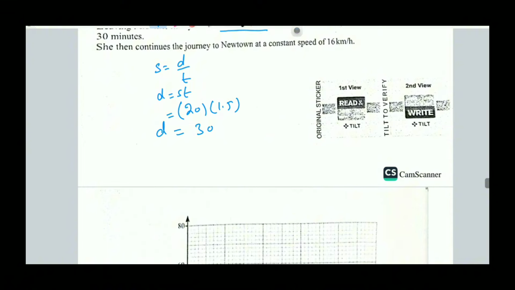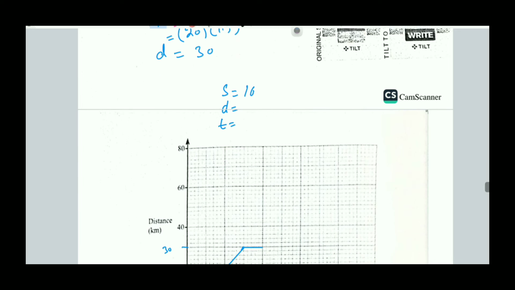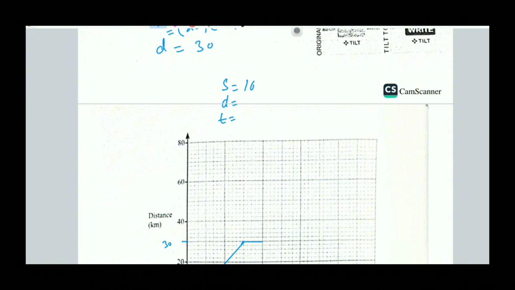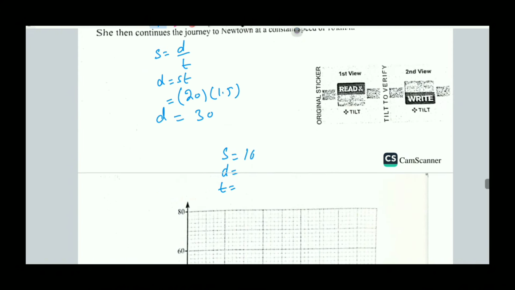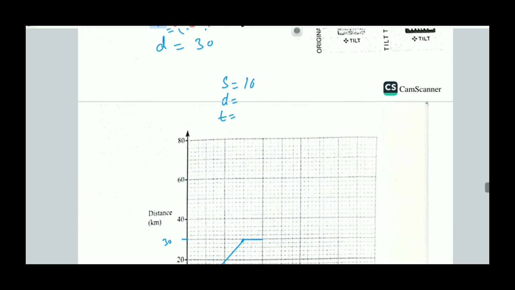So we have to find actually the time and distance. Speed is 16. What is distance and time? To complete the graph, we need distance and time. So actually it is given that she has to complete the distance of 70 kilometer. She cycles the distance of 70 kilometer.